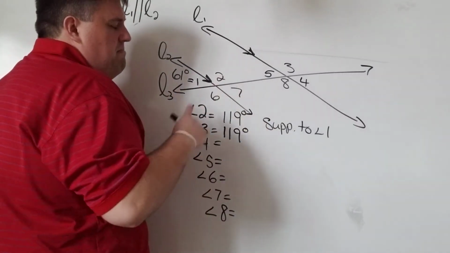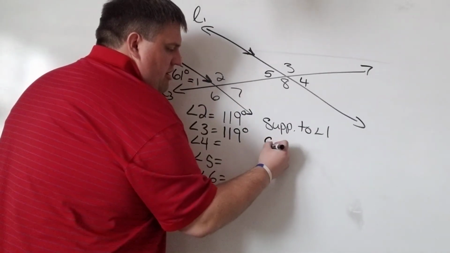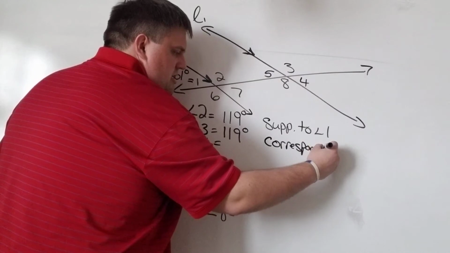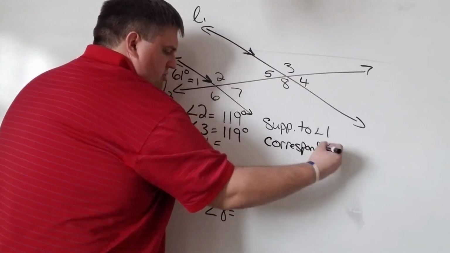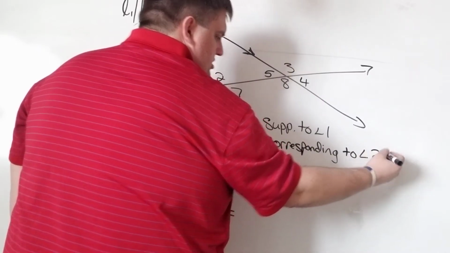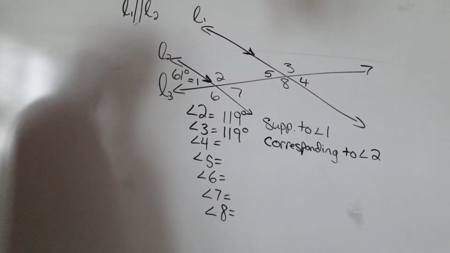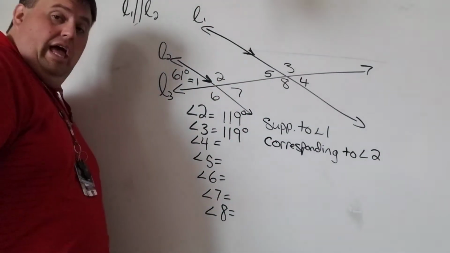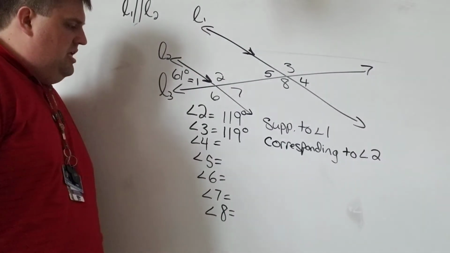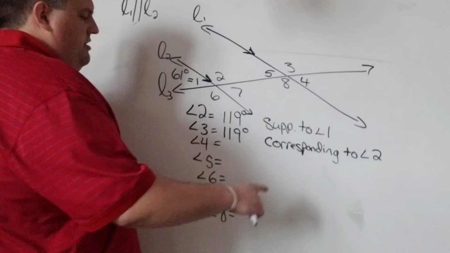They're the same, because they are corresponding. So angle 3 is corresponding to angle 2. So I know that angle 3 is also 119 degrees. Cool. What about angle 4?